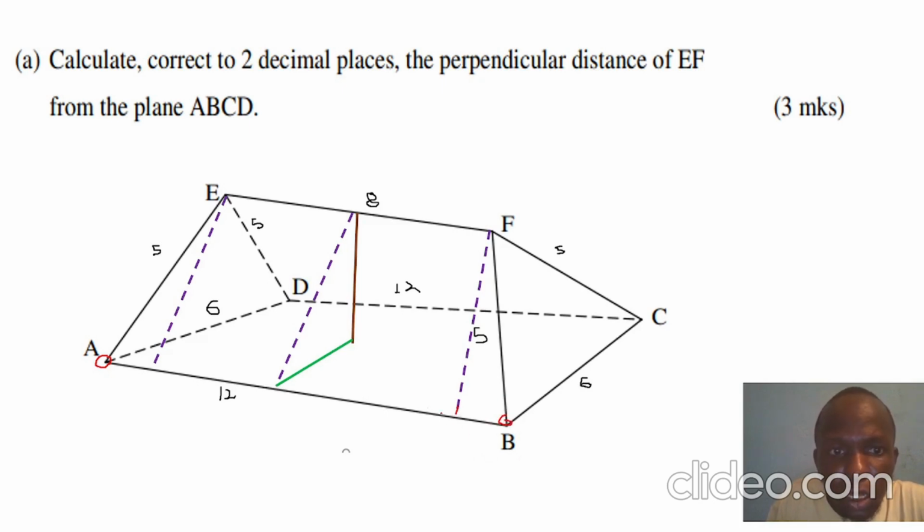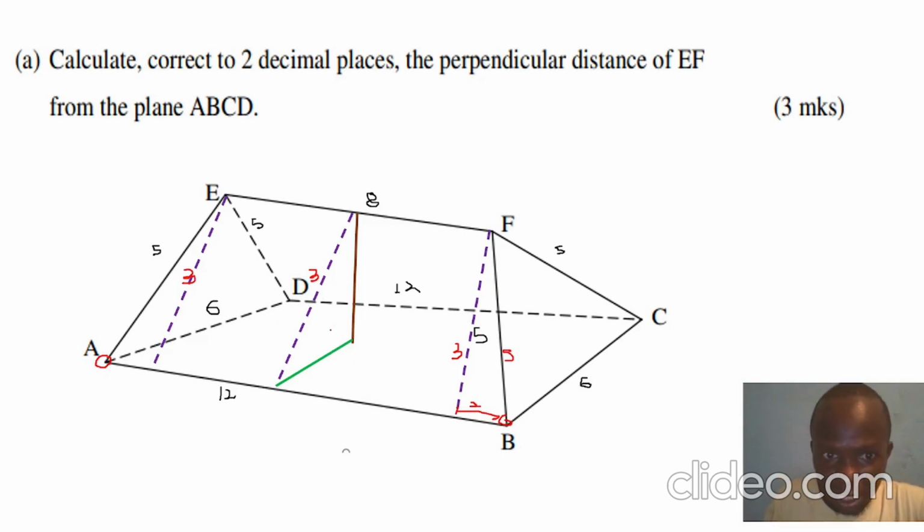So 12 minus 8 is 4 centimeters. So from here to here is 2, and then this is 5. So 5 squared minus 2 squared, the square root of all that, you get 3. So that length there is 3 centimeters. You are going to see that in the solution, so you don't need to worry.